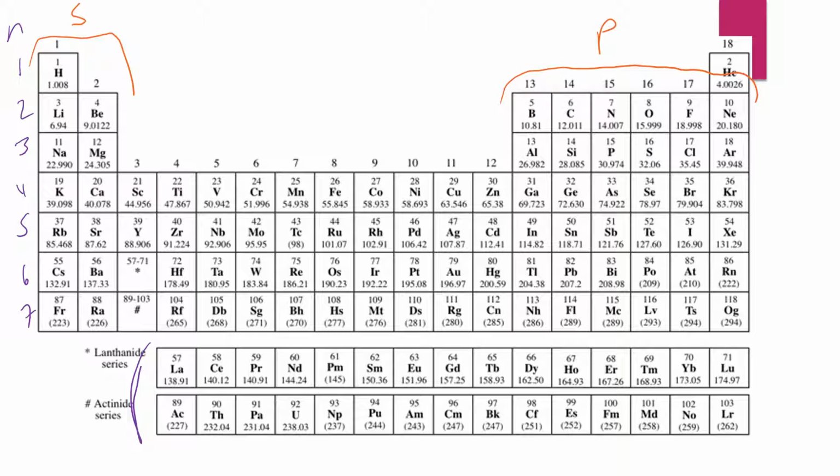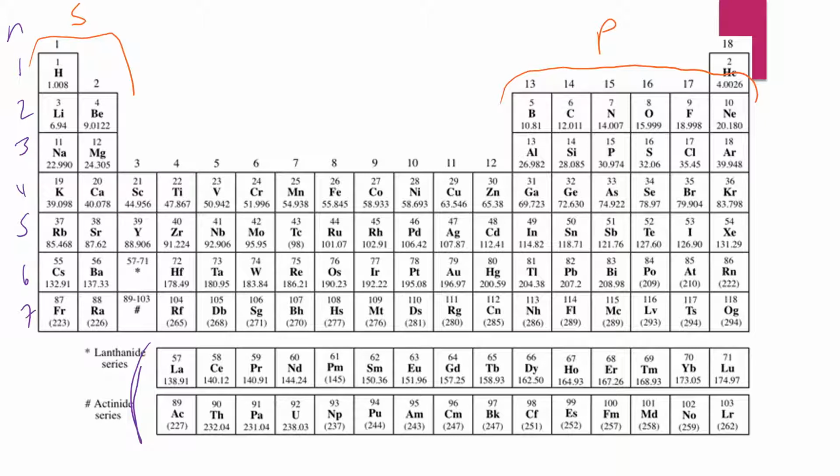So we have the S block and the P block, and those are the same thing we've been using before. Beryllium is in the S block, in row 2, and two spaces over, so it ends on 2s2. You know that because it's in the S block, the second row, and the second one in.